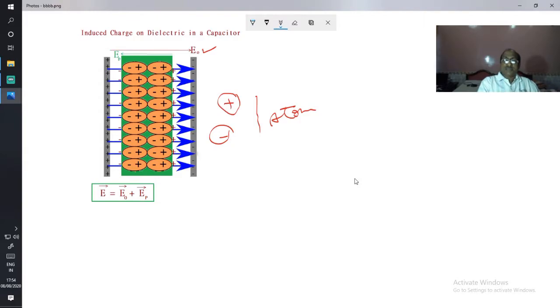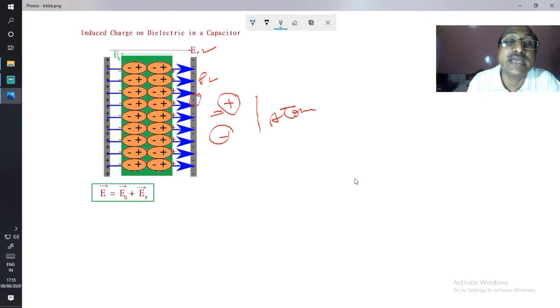Due to this phenomenon, the total positive charge existing on the nucleus will be attracted towards the negatively charged plate P2, in the direction of the electric field E naught.